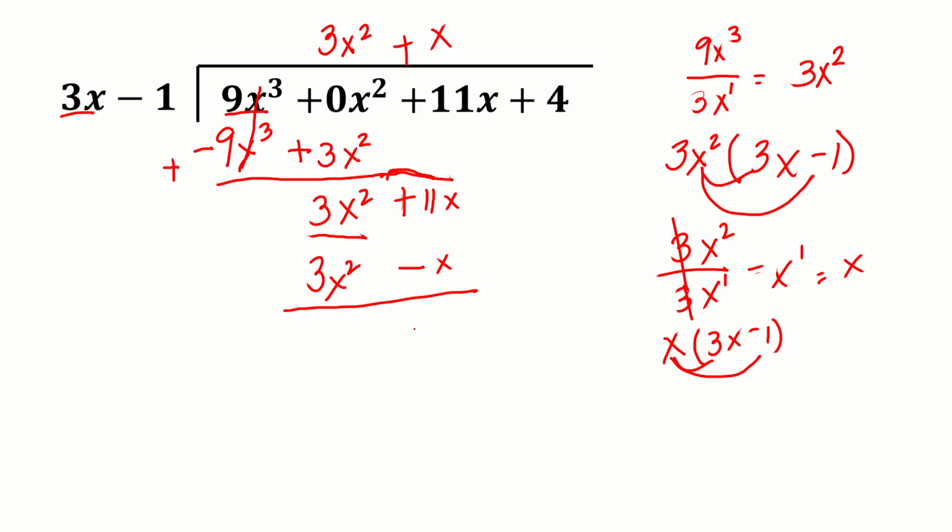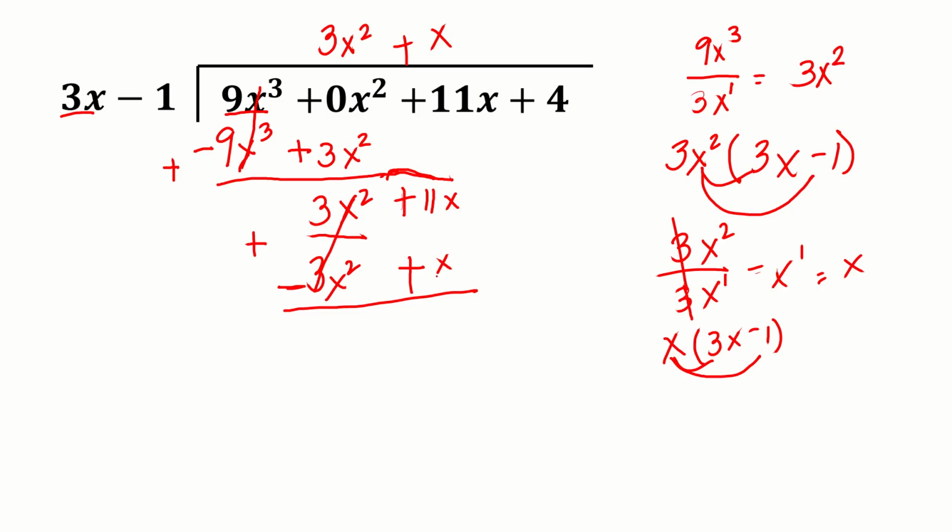Then sunod, change the sign of the subtrahend ulit. So from positive 3x squared, ito ay magiging negative. From negative x, siya naman ulit ay magiging positive. Then proceed to addition. So 3x squared plus negative 3x squared. So obviously this will be 0. So no need to write that.